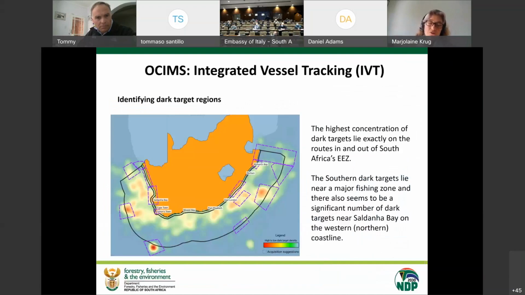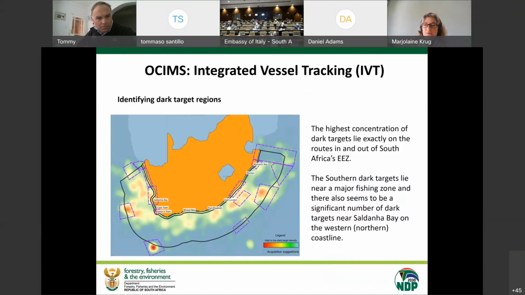The SAR data is also used to identify potential regions of problems, what we call dark targets. And this is a map that shows the amount of time that vessels were detected in the SAR imagery, but did not have the AIS system on.